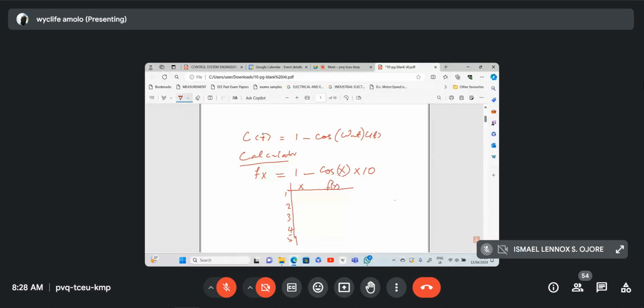Supposing I start from x is equal to 30 up to 180, in a spacing of 30. So I'll change it to radians.